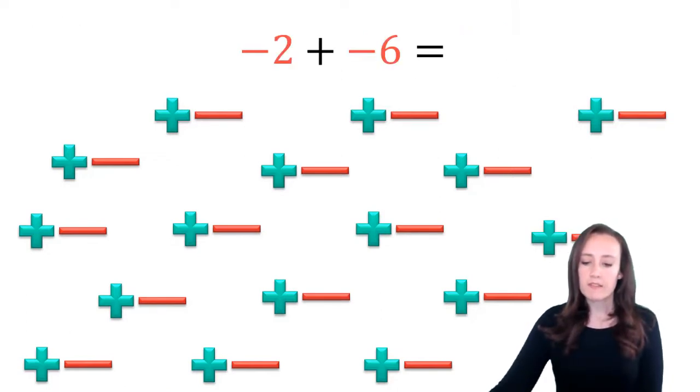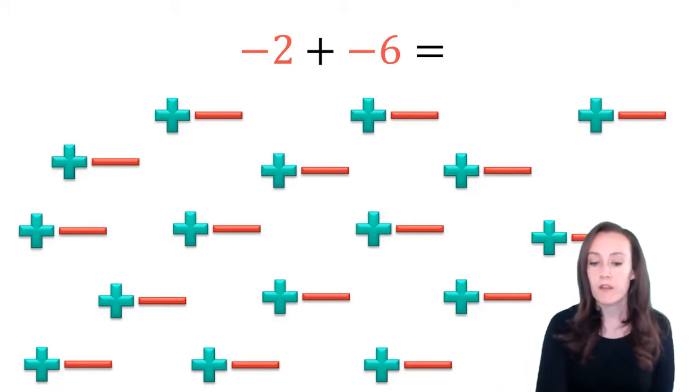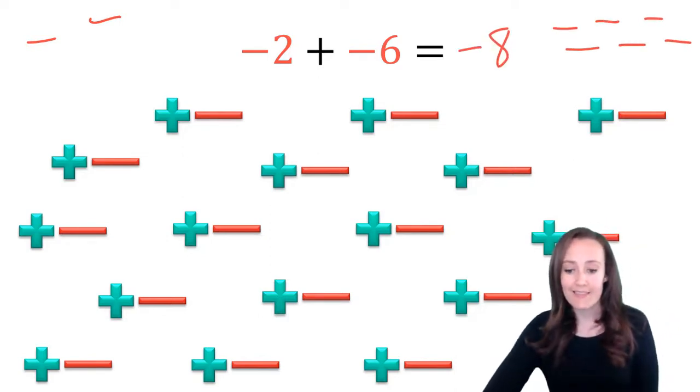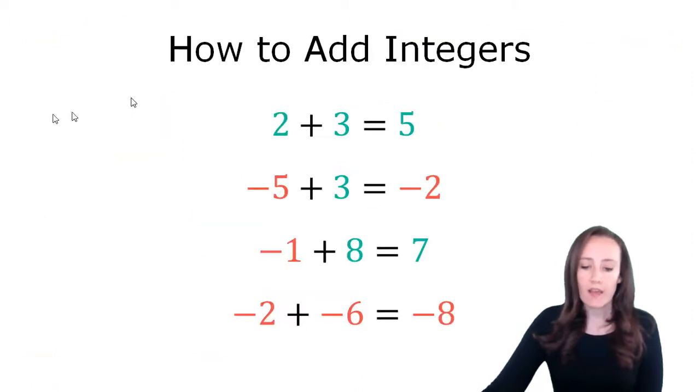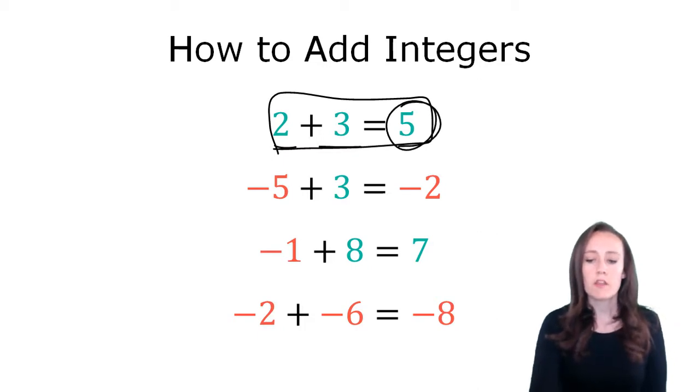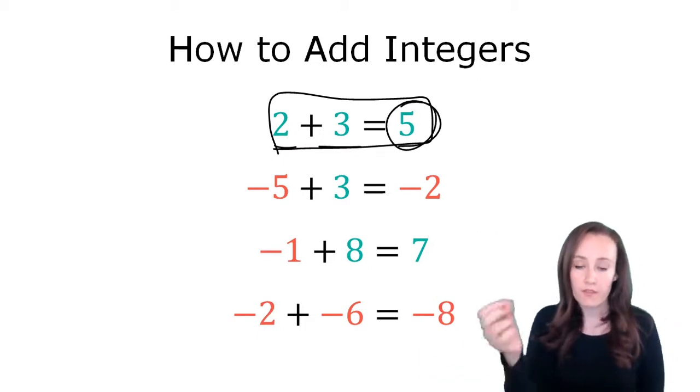If I was to add together 2 negative integers, then I would have 2 negatives plus 6 negatives, which gives me an overall charge of -8. And so this is how we would add together all of these integers. And if you notice, when you have the same signs, like a positive plus a positive, your answer is going to end up being a positive number.